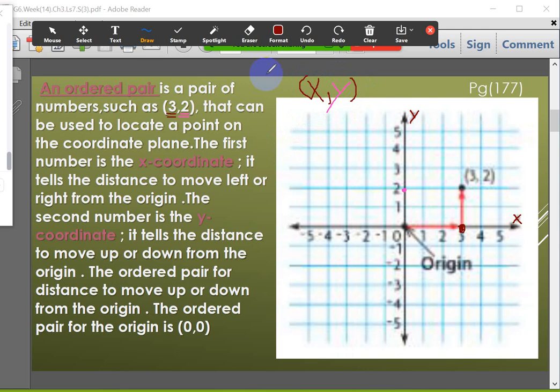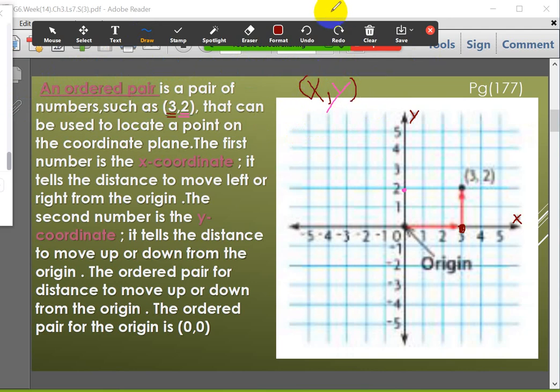Okay? I can't start from the y then the x. So always I will start from the x, then the y. That's why we name these numbers an ordered pair. That means I have 2 numbers.